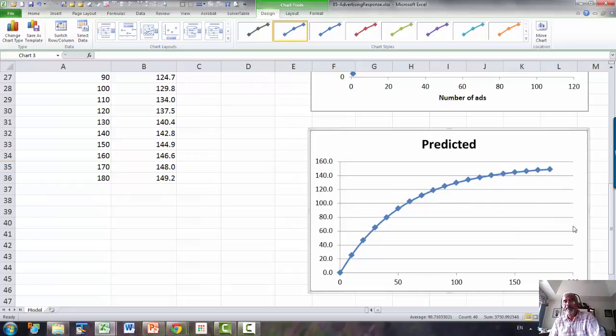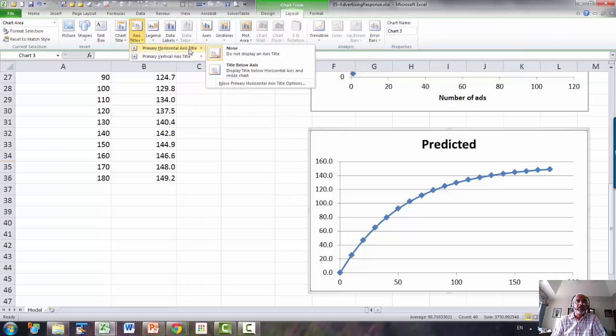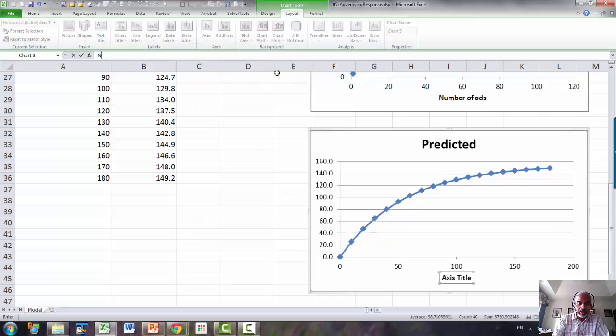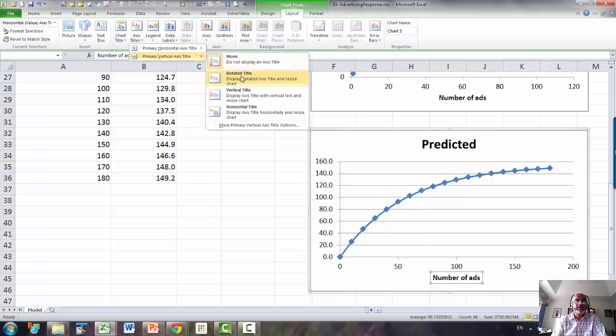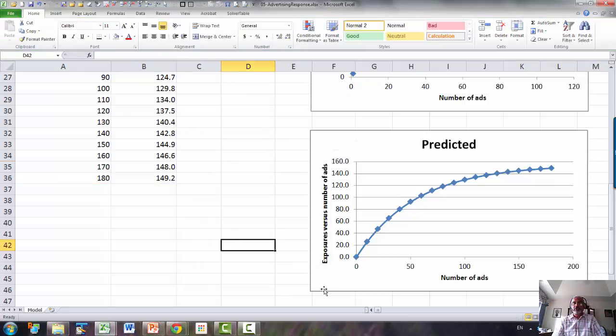The x-axis is number of ads, the y-axis is exposures, and the chart title is exposures versus number of ads.